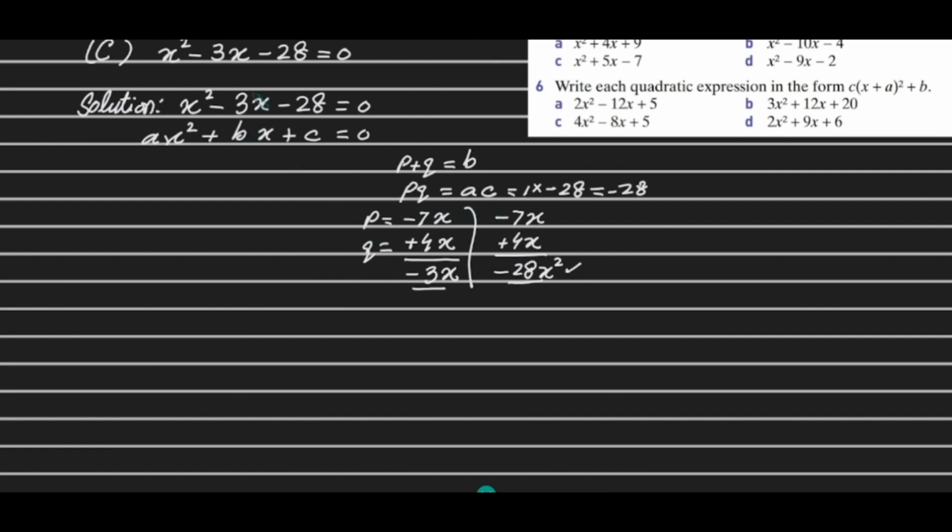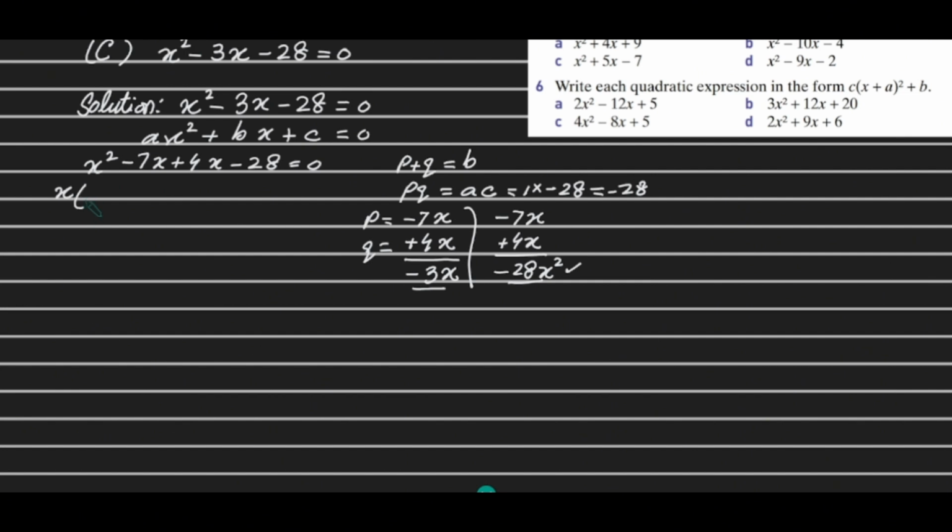Now we replace the midterm minus 3x. We write here x squared minus 7x plus 4x, and the last term is minus 28, equal to 0. Now from x squared minus 7x, we get common x.